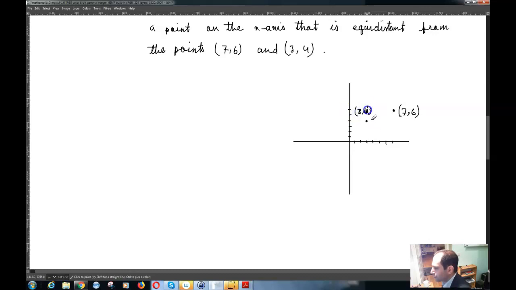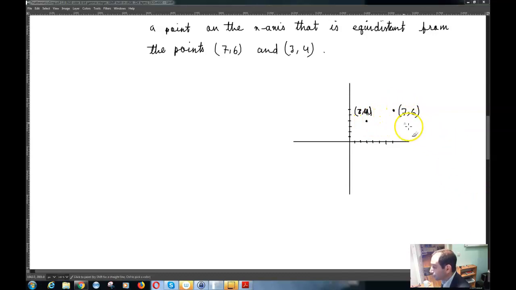If that's the case, there has to be some point over here, most probably in the positive axis, that is equidistant from these 2 points. So how can we find that point?